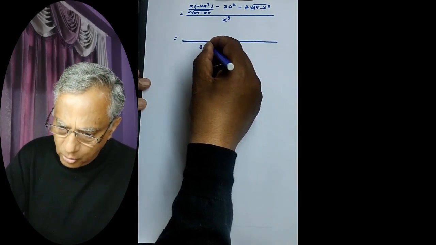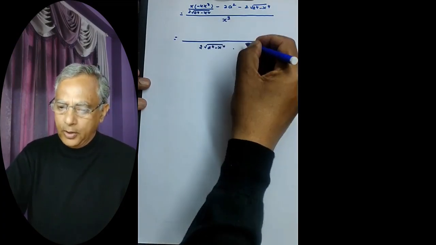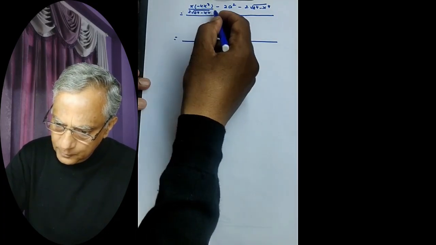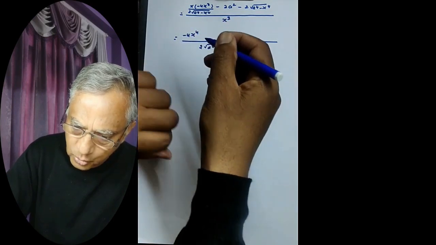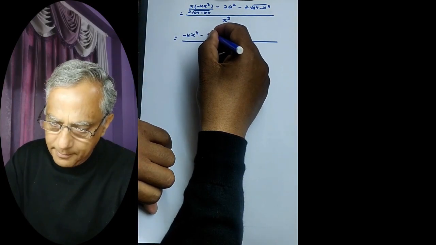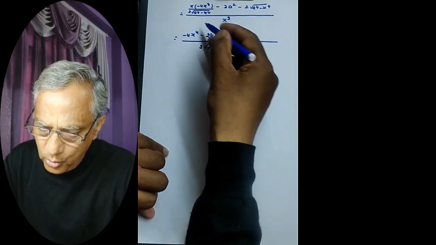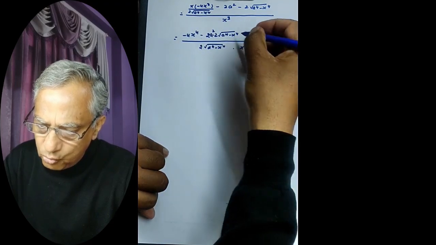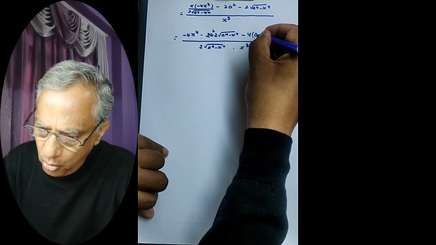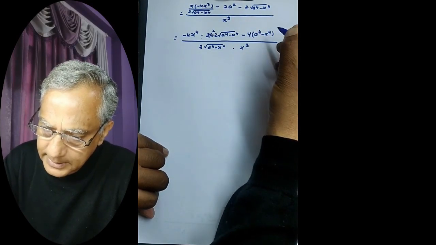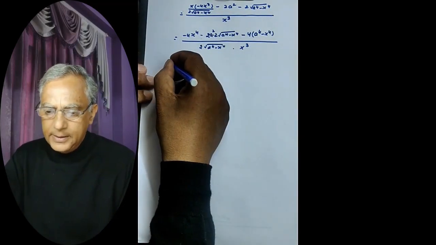So this will be 2 under root a^4 - x^4 and this term is x³. So LCM of this we will get minus 4x^4 minus, now this term will be minus 2a² into 2 under root a^4 - x^4 and this term will be minus 4 into (a^4 - x^4). After taking the LCM, we get this term.